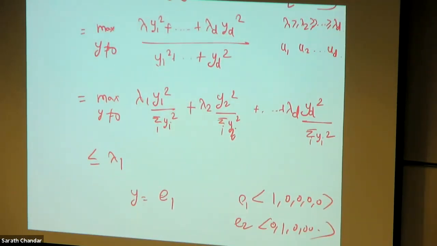Now, what does that mean? If y is equal to E1, then that just means my z is going to be q times E1, which is nothing but U1.